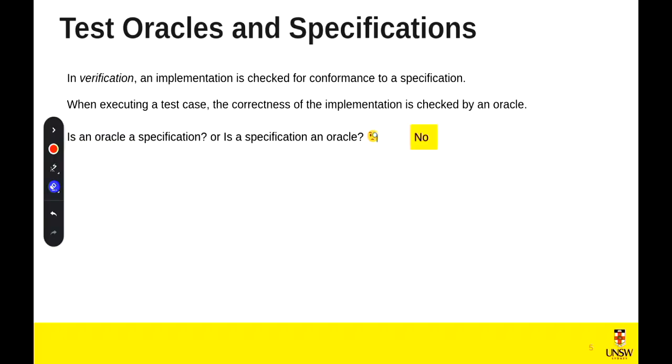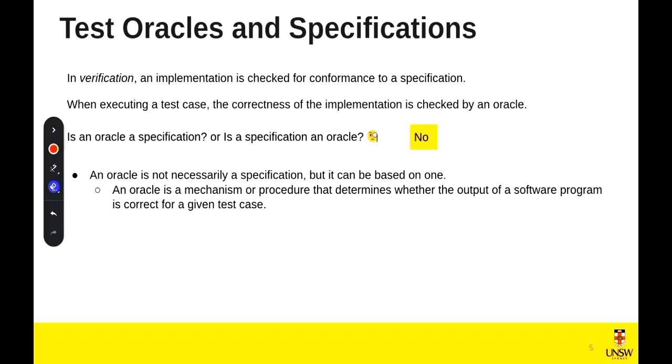No. The reason is an oracle is not necessarily a specification, but it can be based on a specification. An oracle is actually a mechanism or procedure that determines whether a particular output for a particular input is acceptable or correct or not.